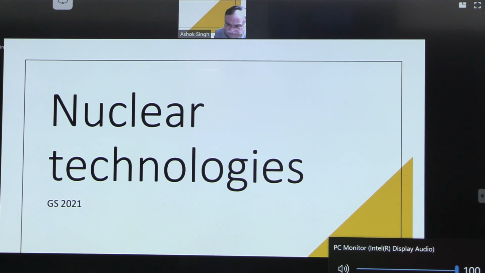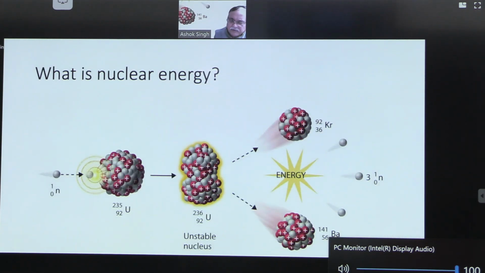But let's start now to look first at the basic science of nuclear technology. We are not going to spend much time on this, but you should have a basic idea. What is nuclear energy to start with? Nuclear energy is associated with nuclear fission at the moment. Fission means splitting a nucleus.